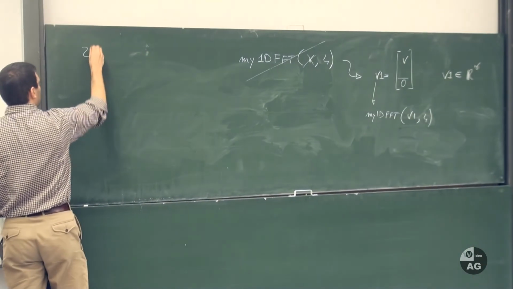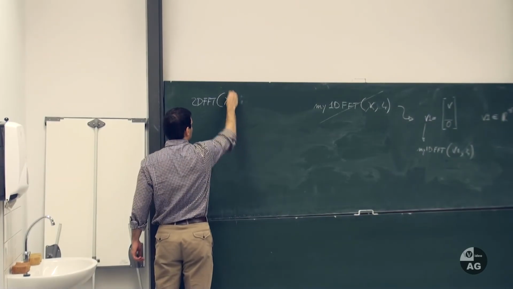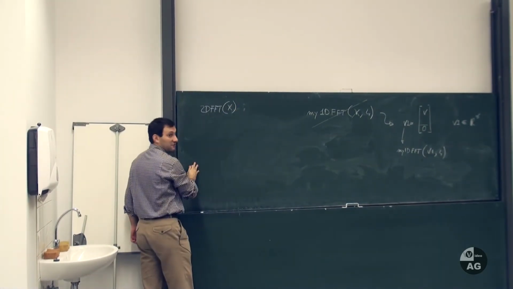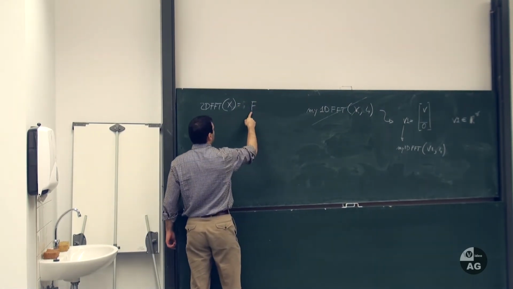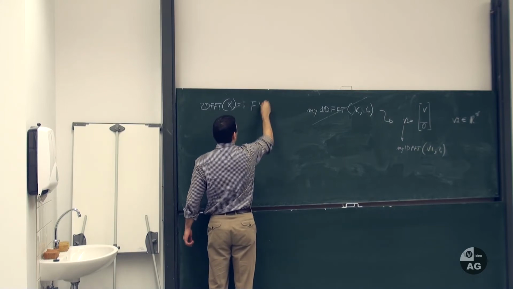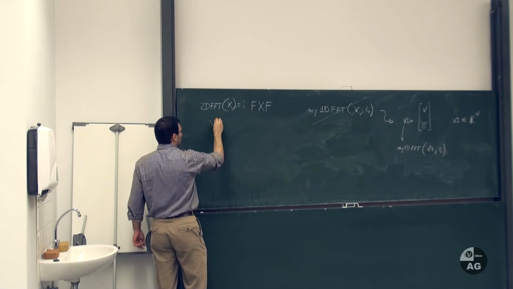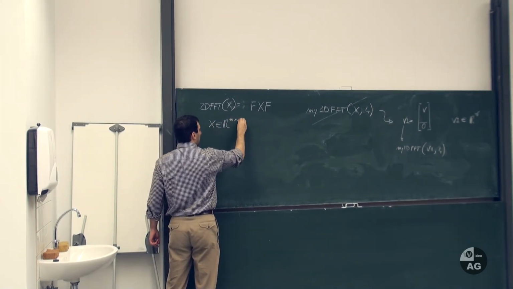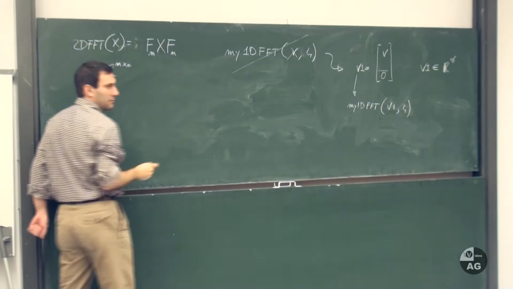Okay, so 2D FFT of a matrix X, by definition, is FFT on the left and FFT on the right. Of course, X doesn't have to be square, M times N, so it's going to be an Fm here and Fn here.